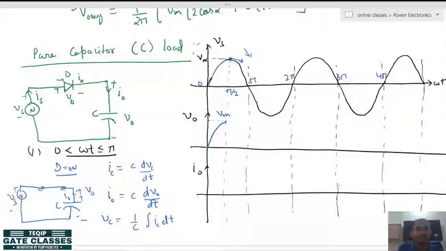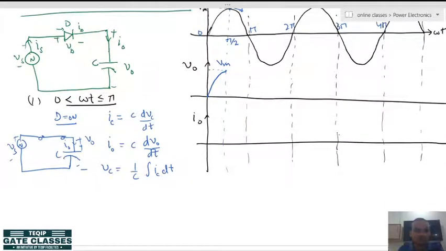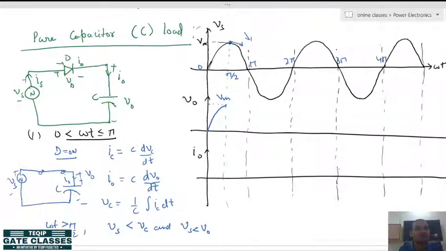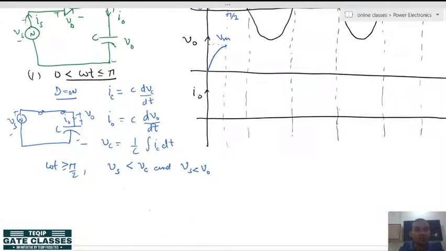what will happen, let me draw here, for omega t just greater than pi by 2, the source voltage will be less than the capacitor voltage and hence the source voltage will be less than the output voltage. So, when the source voltage is less than the capacitor voltage or output voltage, this diode will become reverse biased.